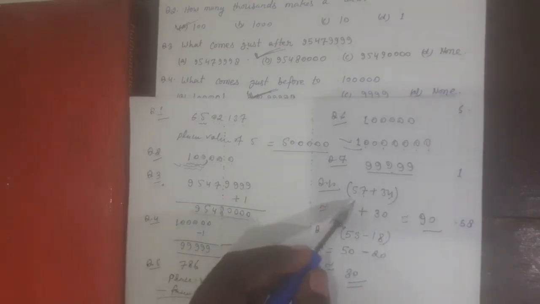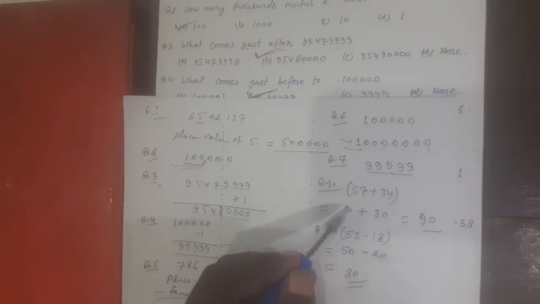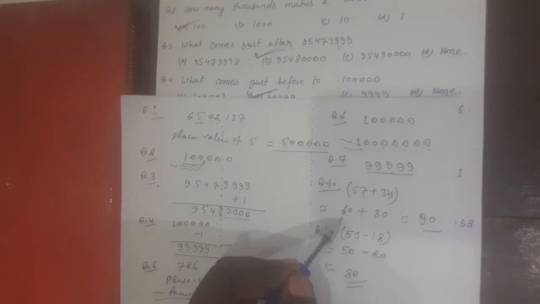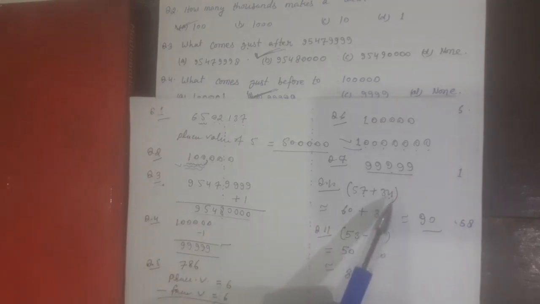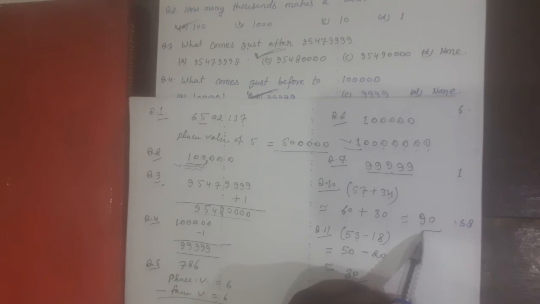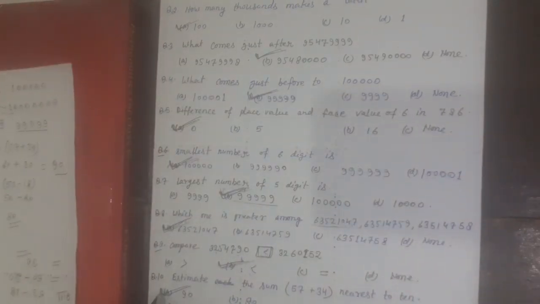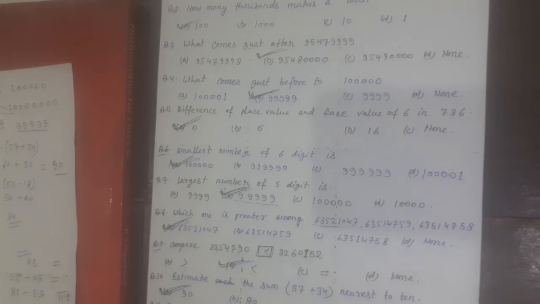If you round off 57, this 7 is greater than 5, so it will be rounded to 60. And this 34, 4 is less than 5, so it is rounded to 30. When you add 60 and 30, it will be 90. So option A is correct here.